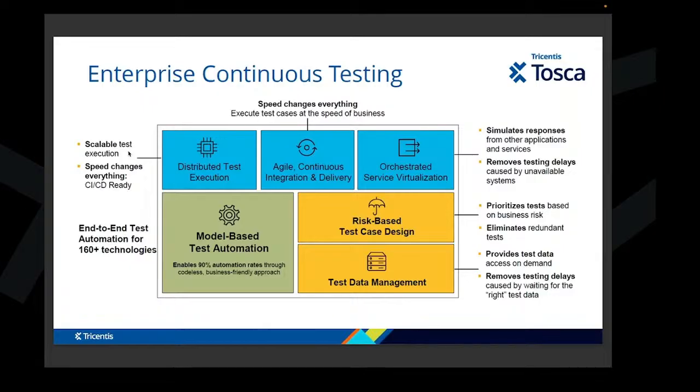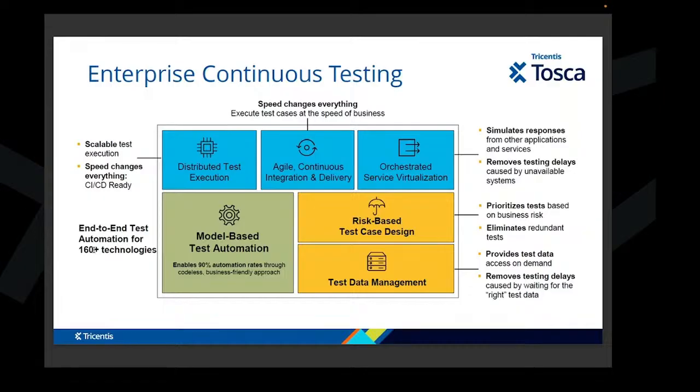As I mentioned, this supports around 160 plus technologies, and it's completely model-based test automation, which means it's a completely codeless approach with business-friendly test cases. It has inbuilt test data management, and you can perform risk-based testing through your TCD.